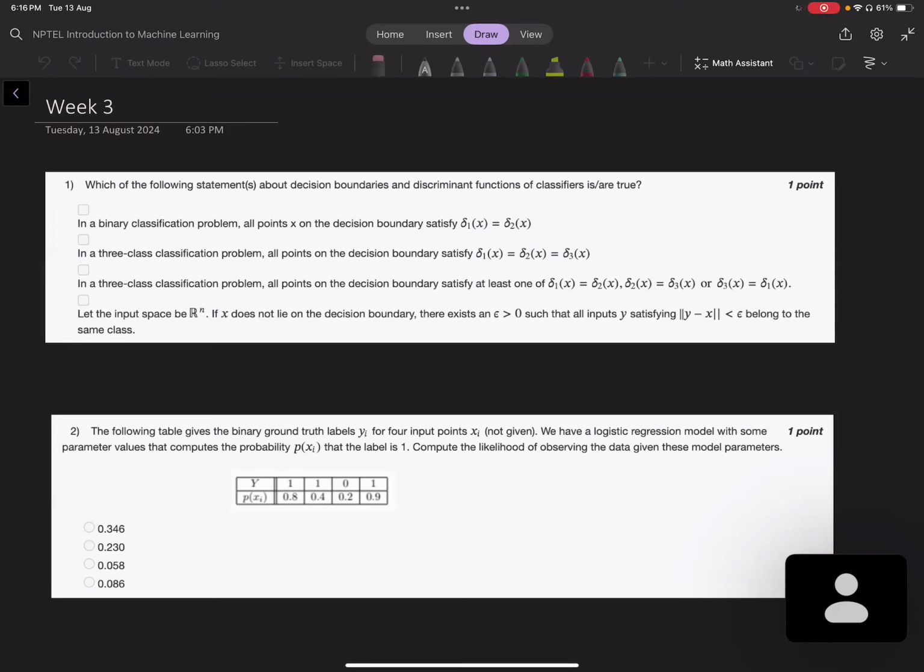The answer should be, if you go to the basics, bias is something like if a model is getting biased towards certain things.